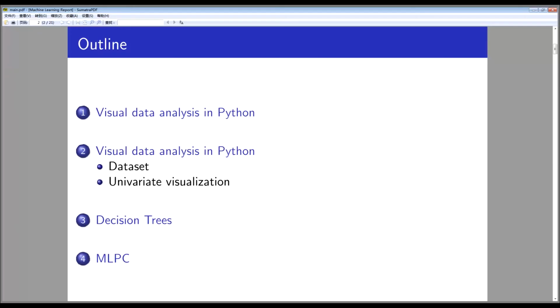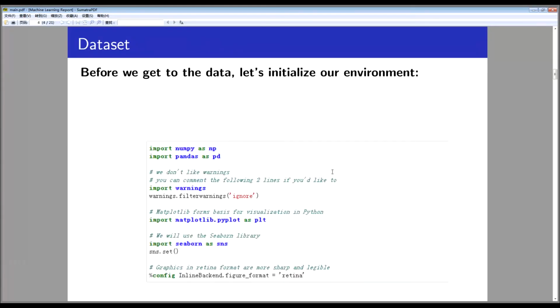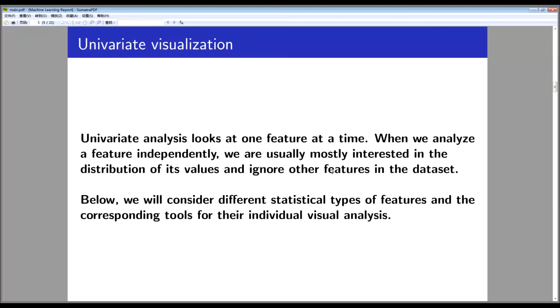And this is my study. I study visual data analysis in Python. Before we get the data, let's visualize our environment. And this picture is one topic of this course.